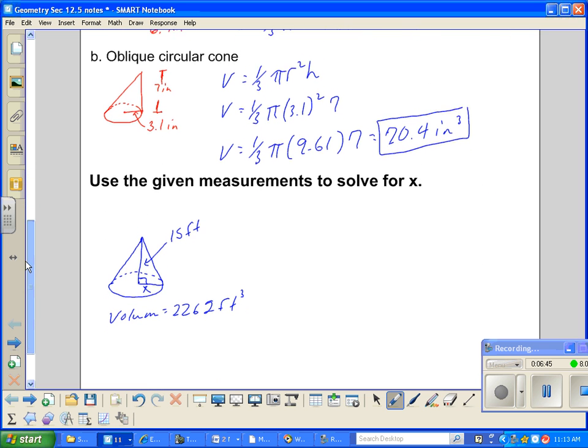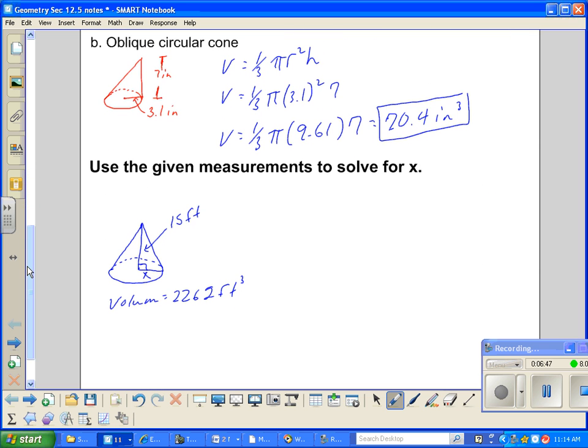So lastly here, we use the given measurements to solve for x. So they give us the volume 2262, they give us the height of the cone is 15 feet, and we're solving for x, which is the radius value.